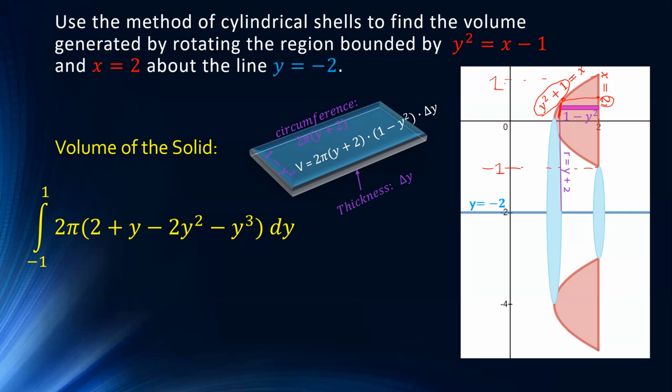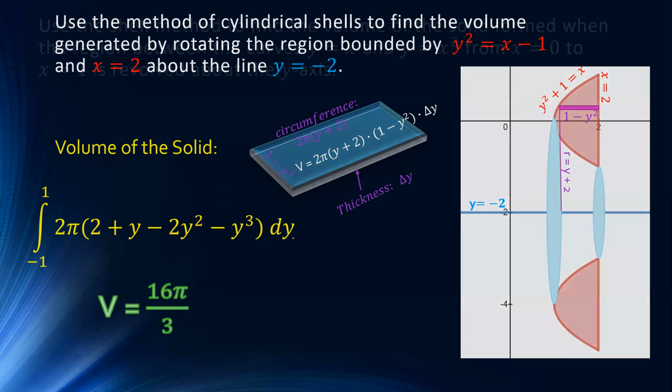That's the limit of our integration there. And then if we multiply out this part right here, that's what we have. And then the thickness is delta y, so we are integrating with respect to y. Once you do the math, you should get 16 pi over 3. So check my work, make sure I'm correct.